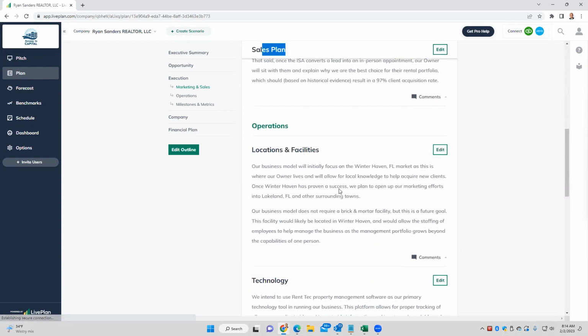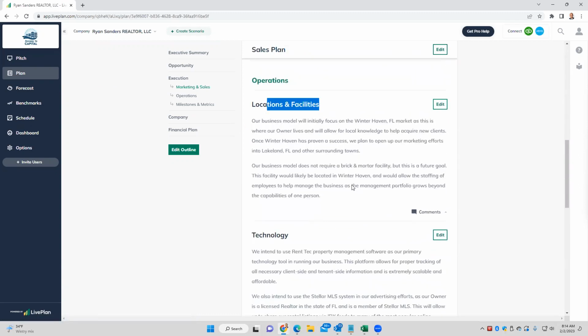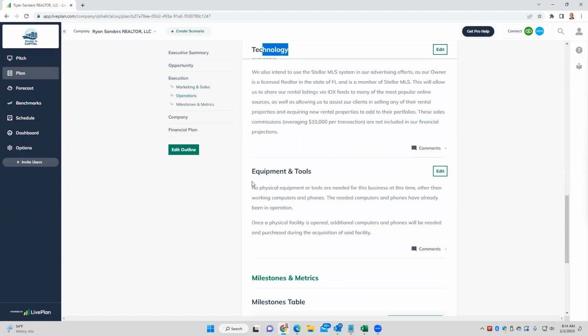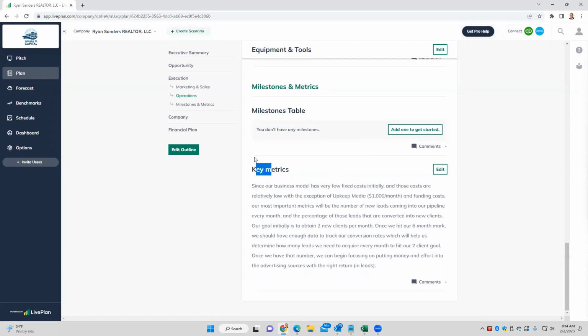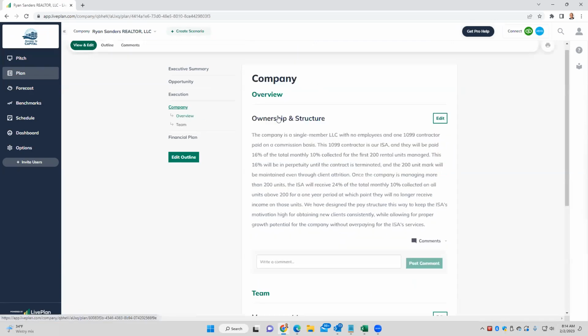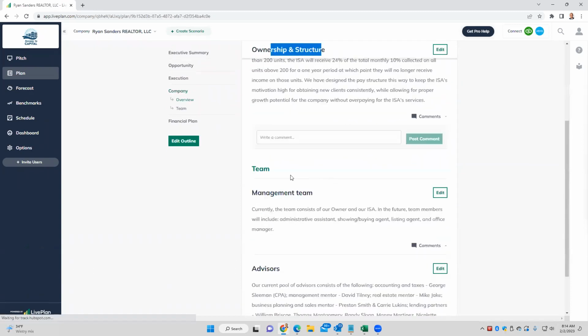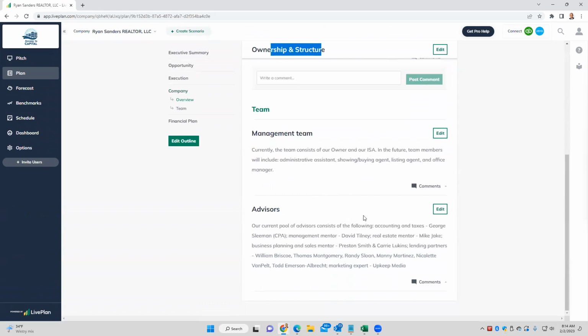But anyway, let's progress. Then we identify what's going to happen with our operations, our technology, any equipment and tools that might be used. We can go in and set up milestones that are like key timelines for things to happen. That's not required. Ryan didn't do that, but that's an option. Any key metrics. Get to the company, talking about the ownership and structure of the company, who's the management team, who are the advisors.